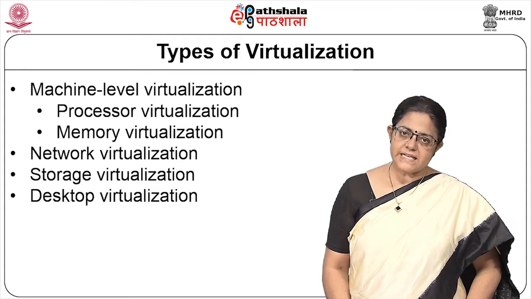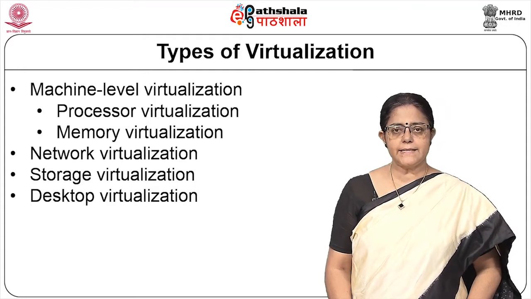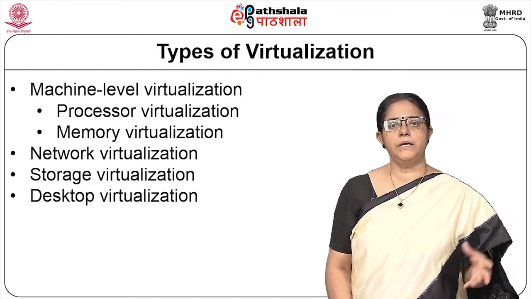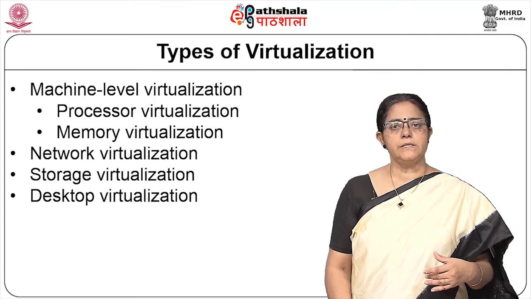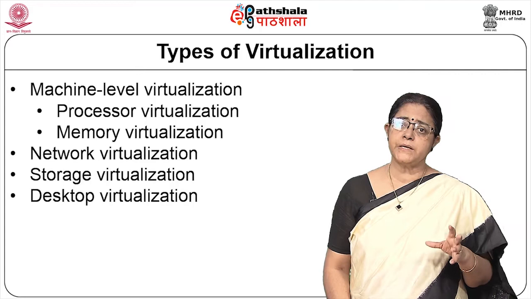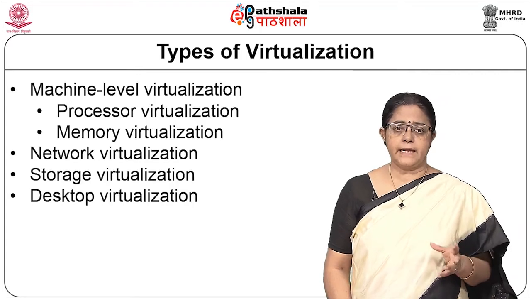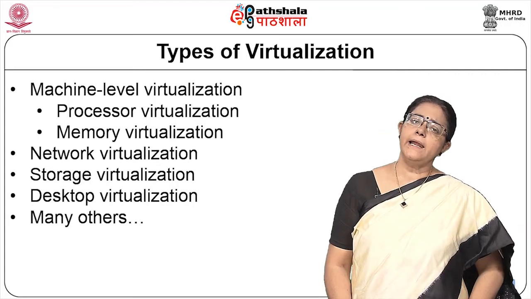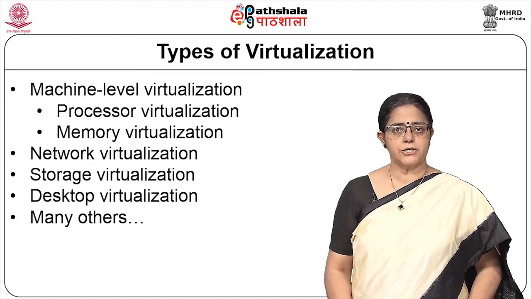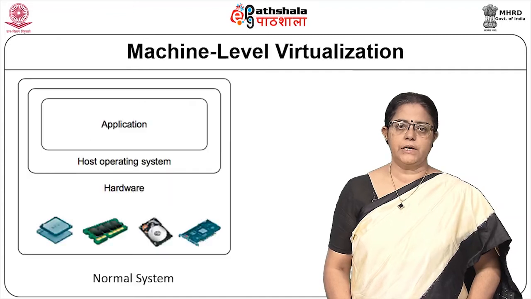There is a concept of desktop virtualization, where a desktop is an important component. It is not the physical monitor, but it is the user experience of the desktop that can be virtualized, and like this many other parts of the component, partially or fully, can be virtualized.